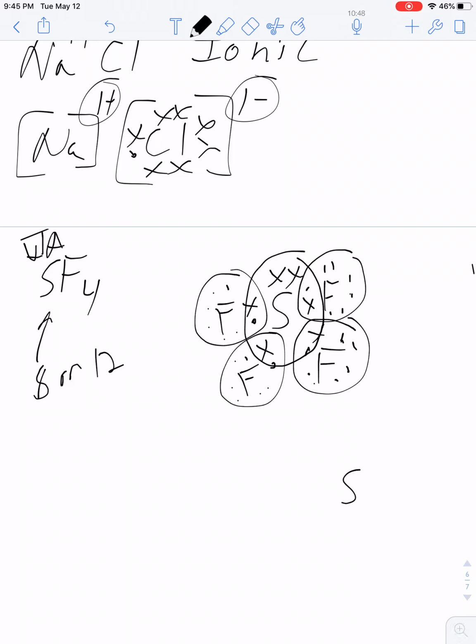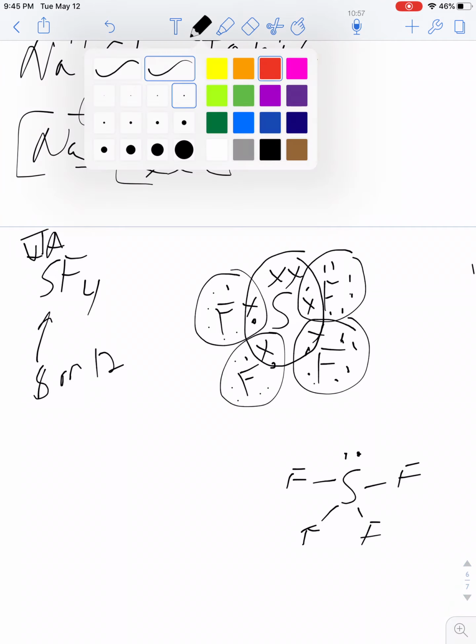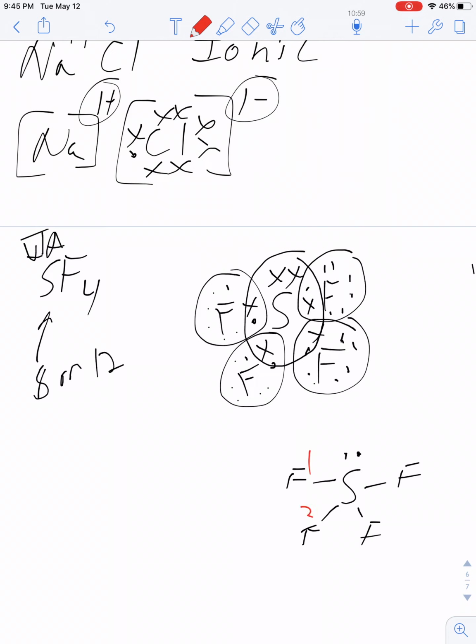So if I were to draw this two-dimensionally, how many things are attached to it? 1, 2, 3, 4, 5. Okay? So if I have 5 things attached, my hybridization would be sp3d, because 1 plus 1 plus 1 plus 1 plus 1 is 5. Okay?